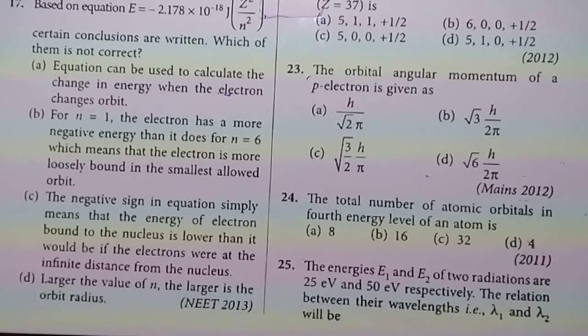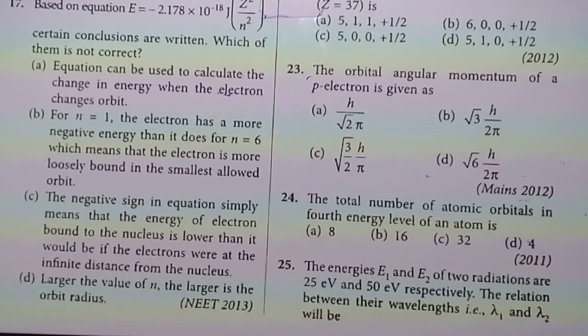Equation can be used to calculate the change in energy when the electron changes its orbit. For n equal to 1, the electron has a more negative energy than it does for n equal to 6, which means that the electron is more loosely bounded in the smaller allowed orbit.